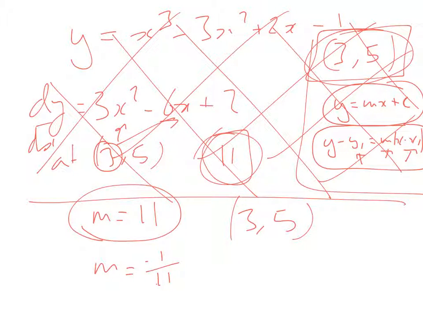So use your differentiation knowledge to find the gradient of the tangent to the curve at the point we're talking about. Once you know the gradient of the tangent, if you need it, you can find the gradient of the normal, and you know then that you're trying to find the equation of a line when you know the gradient and you know a point that line goes through, and we can already do that with Chapter 5 techniques.